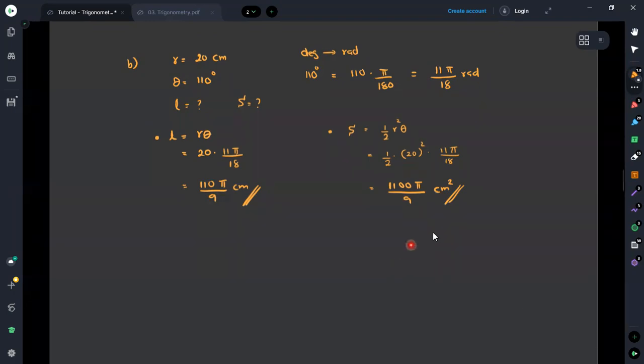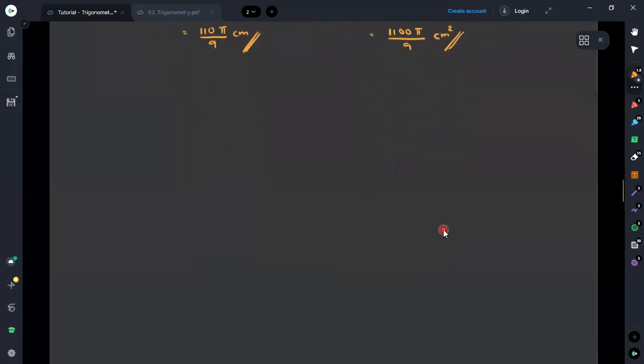Now we will do part C as well. In part C, the values given are r equal to 18 centimeters and L equal to 21 centimeters.